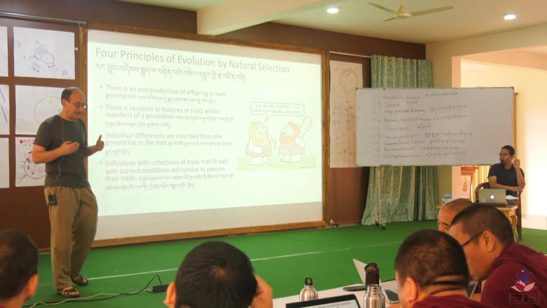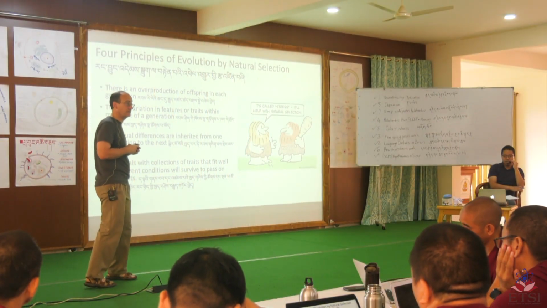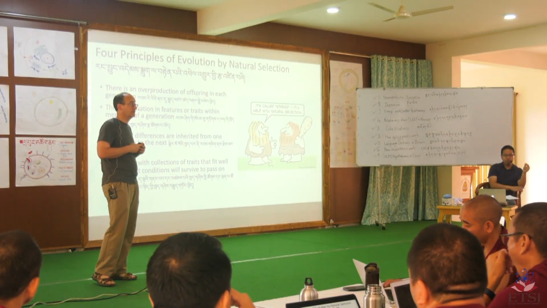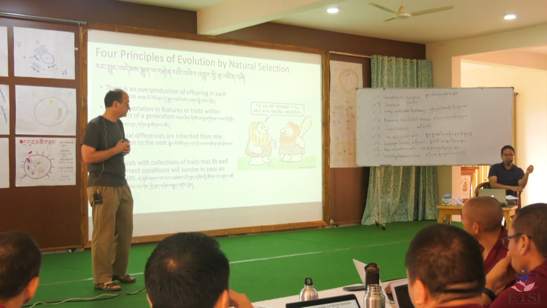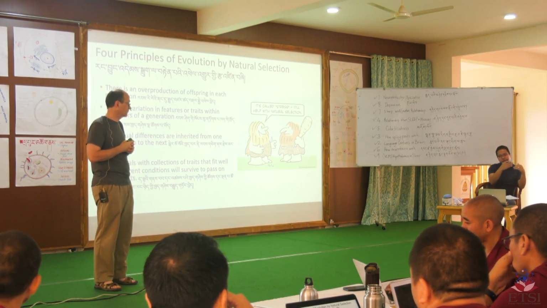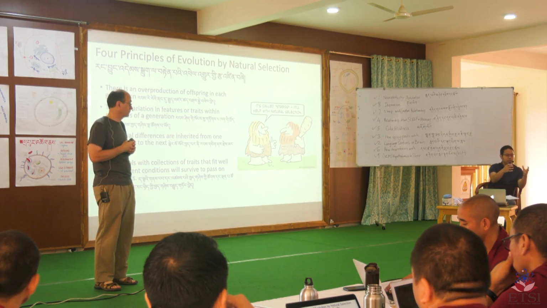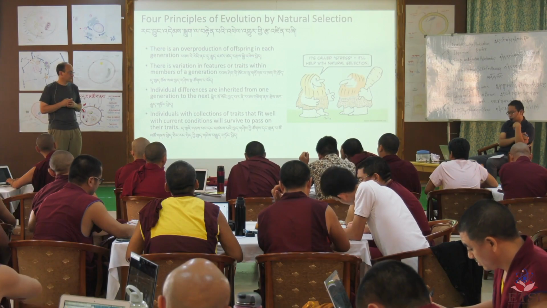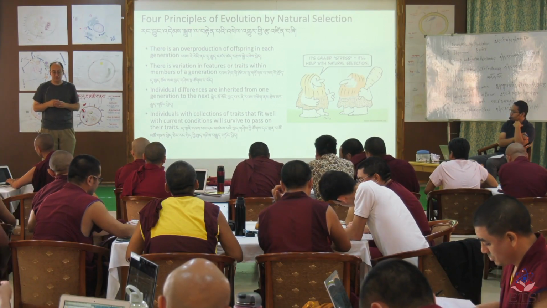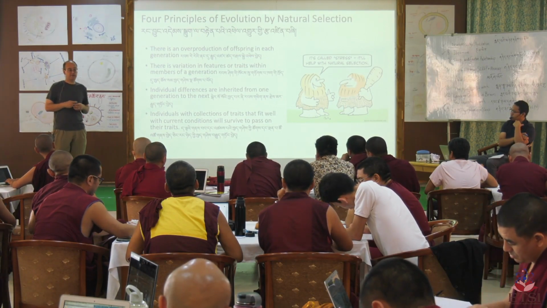So those that have those traits and pass them on to their offspring and get those traits from their parents are more likely to survive and reproduce. And they'll pass on those traits that help them to survive and reproduce.